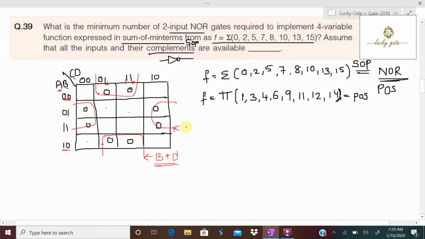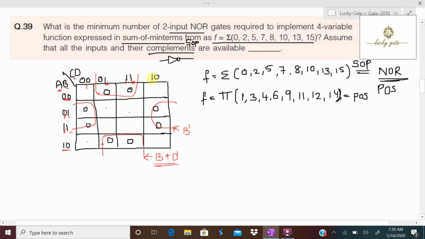Now what is the Boolean function representing the other quad? Here A differs between 0 and 1, so it is eliminated. B has 1, 1, and 1 is represented in complemented form, B dash.